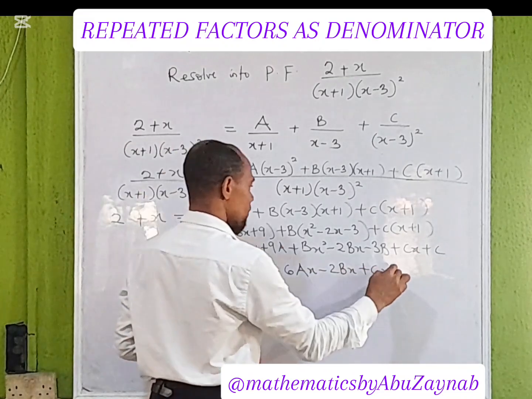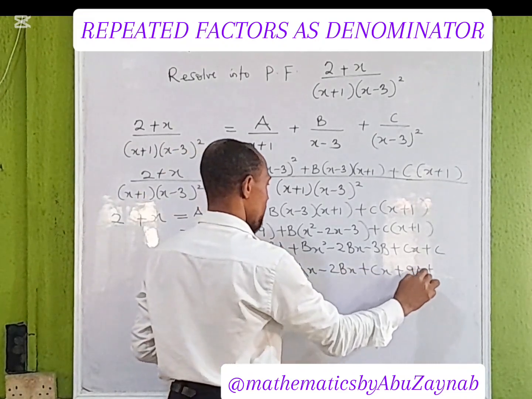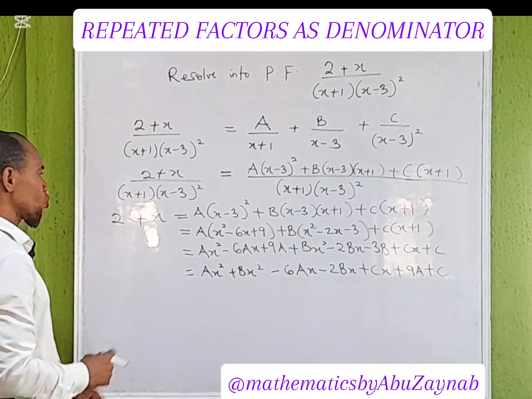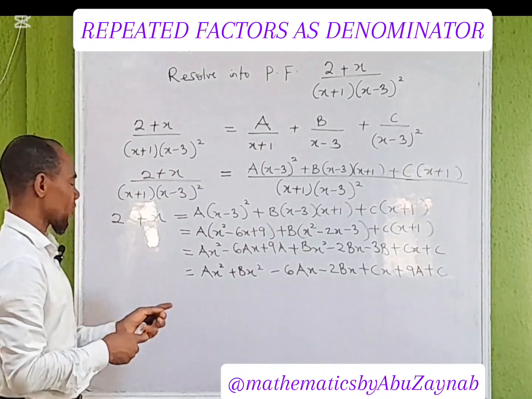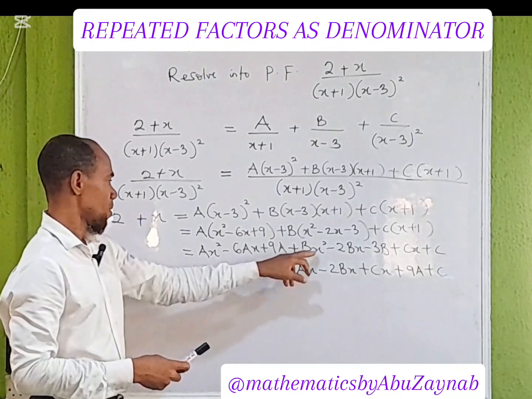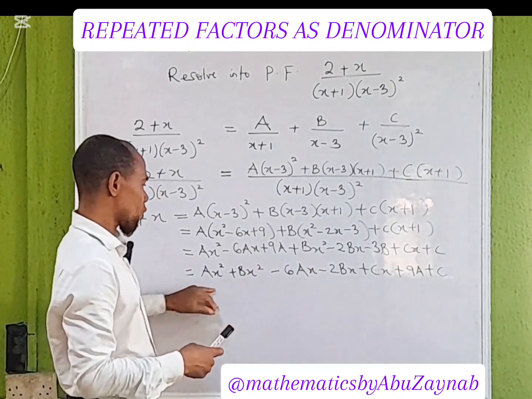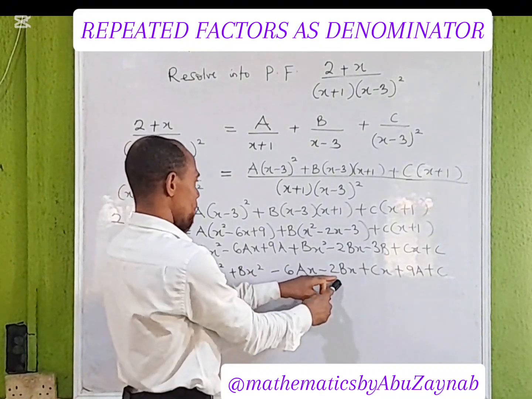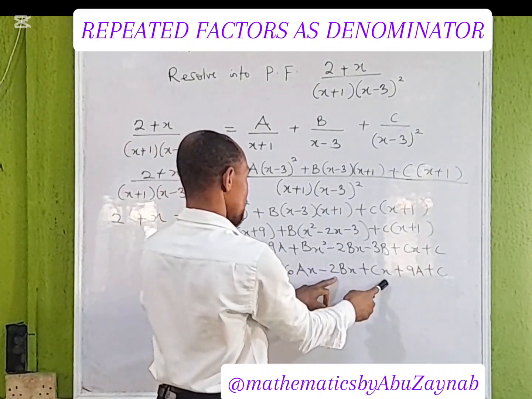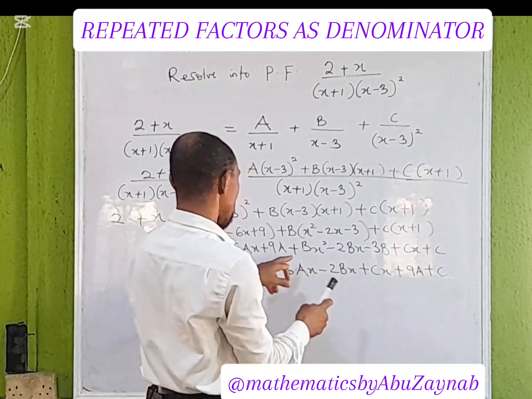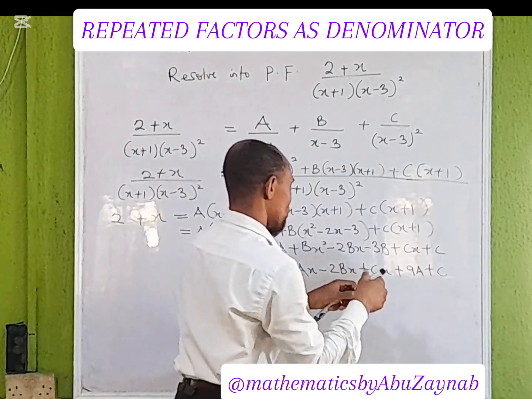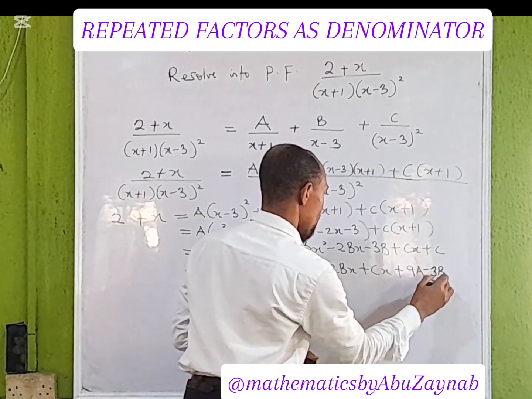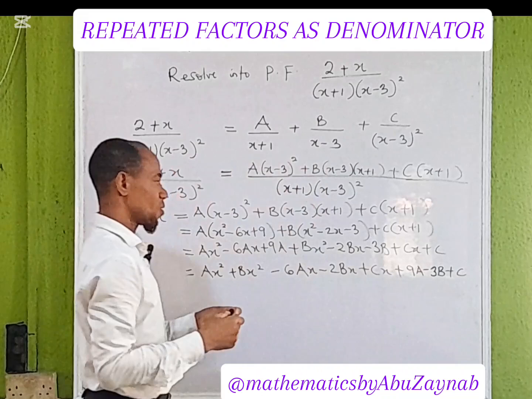Then lastly, the constants, 9A plus C. So what we have done essentially is to collect like terms in terms of degrees. Ax², Bx², the x² on one side, then minus 6Ax minus 2Bx, and then Cx. And of course, we have the constants, 9A, yes, something was missing there, minus 3B, and plus C, the constants.